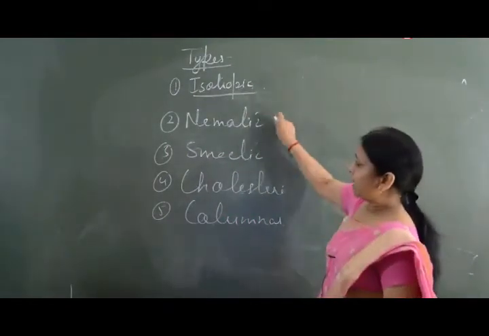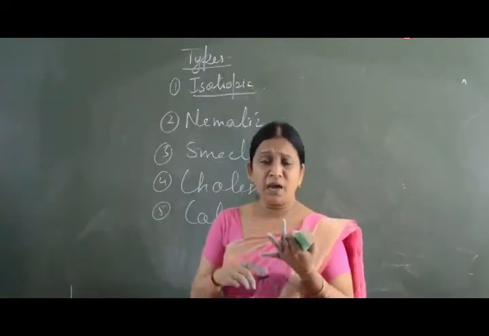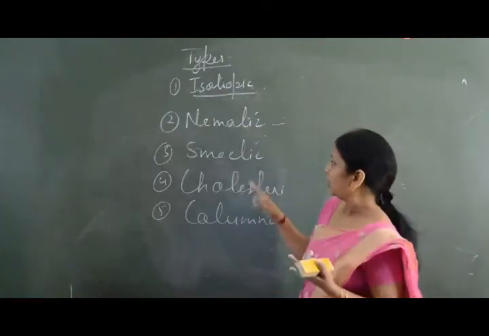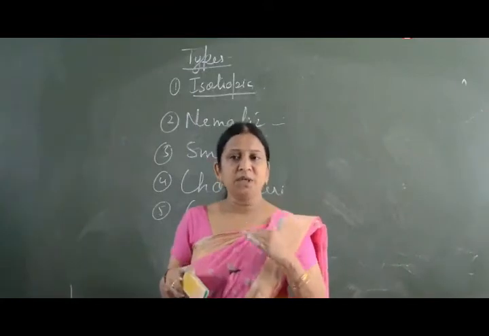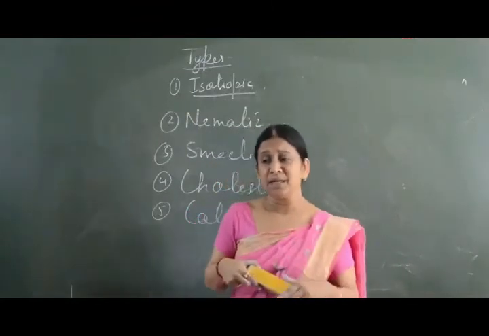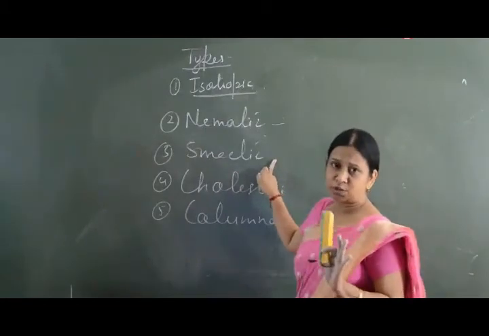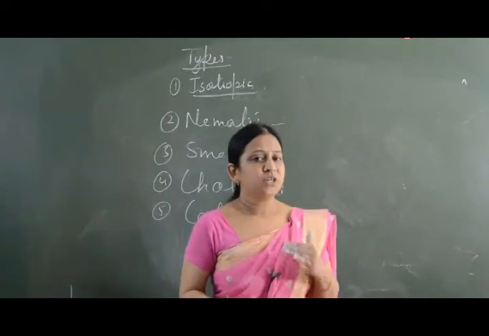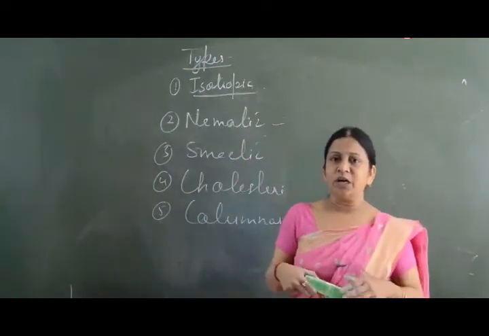Then in case of nematic, they are polarizable rod-like structures, and they have orientational order, but they do not have positional order. In case of smectic, for the first time the molecules are present in the form of layers. They have orientational order, but some sort of positional order is also present. In case of cholesteric liquid crystal, the structure is between nematic and smectic. Like smectic, they have a layered structure.